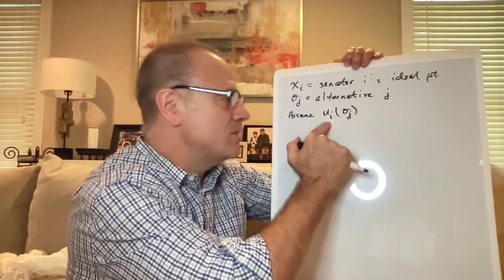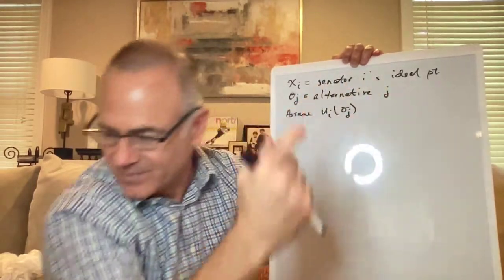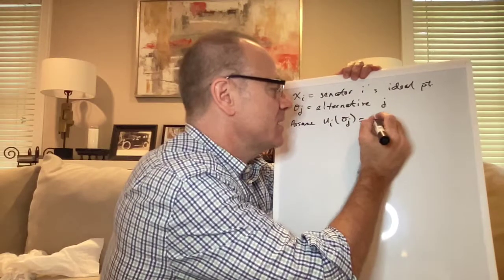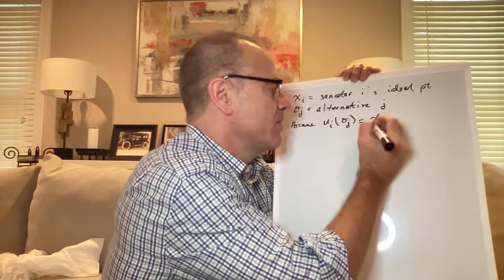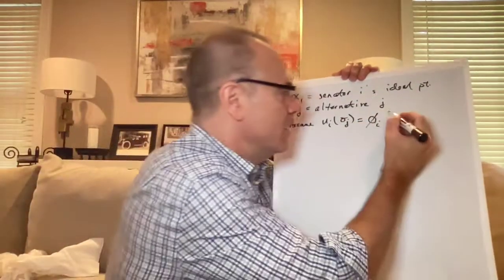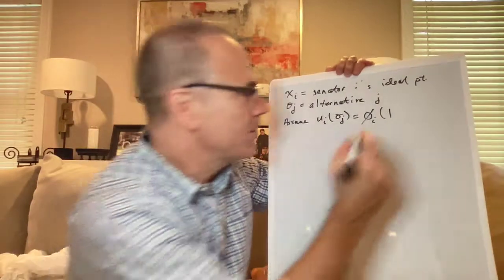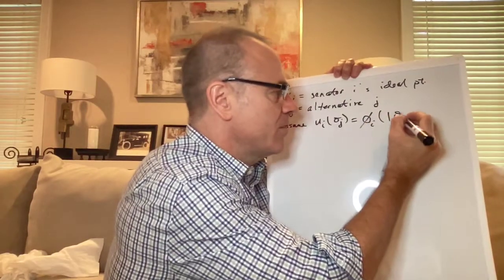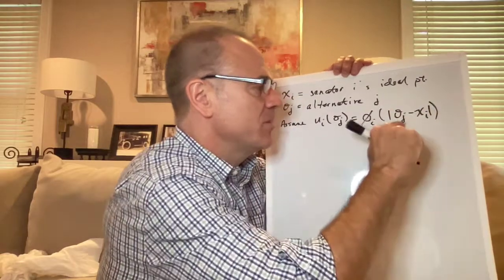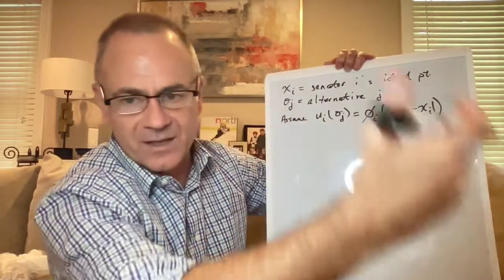Senator i's utility for voting for alternative theta j equals little phi i of the absolute value of theta j minus xi. Okay, so remember these are scalars, so it's just the alternative minus your ideal point.